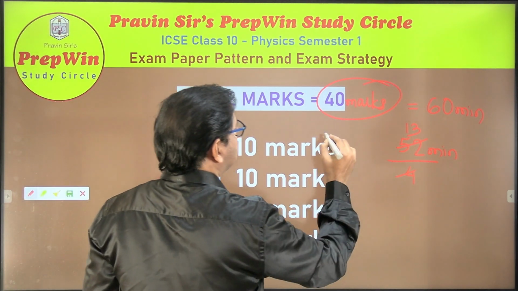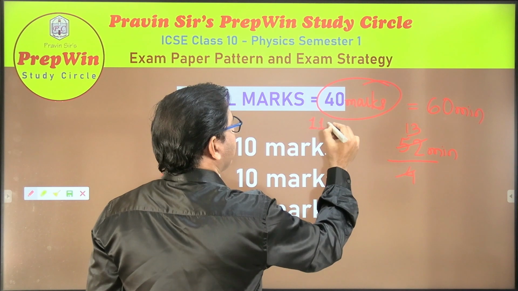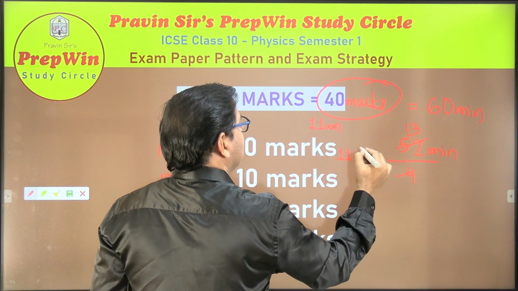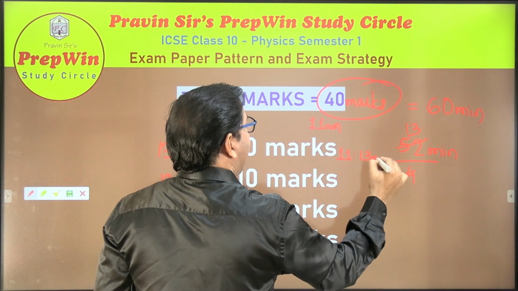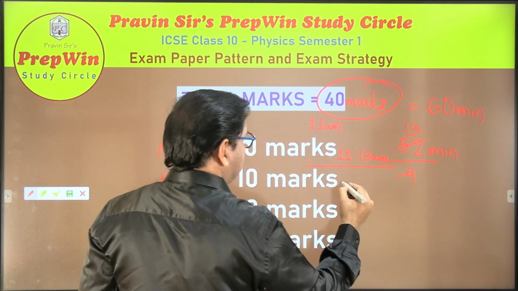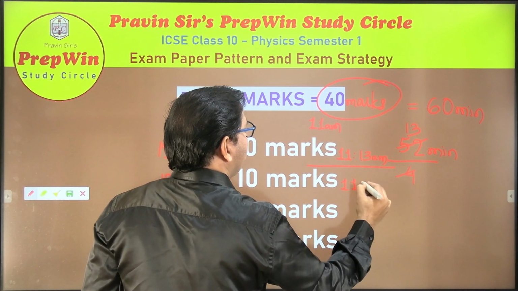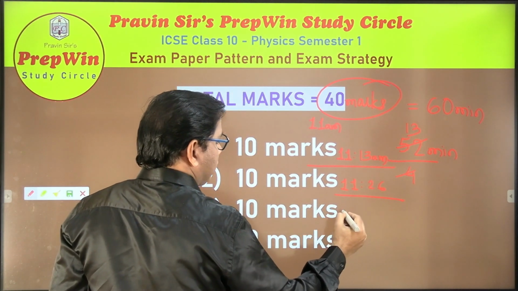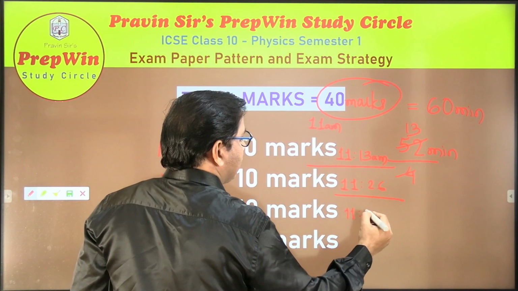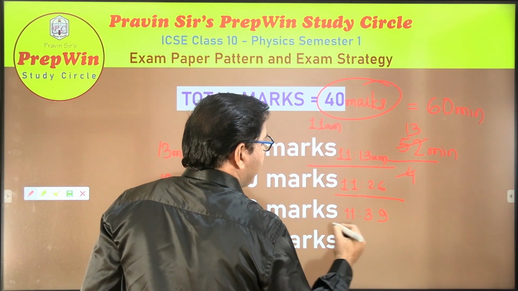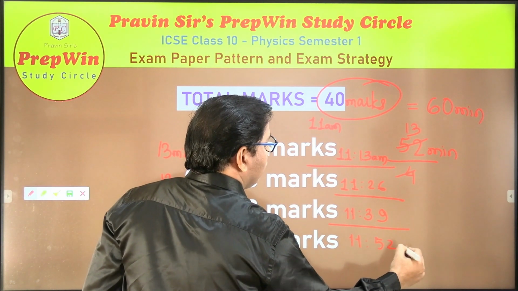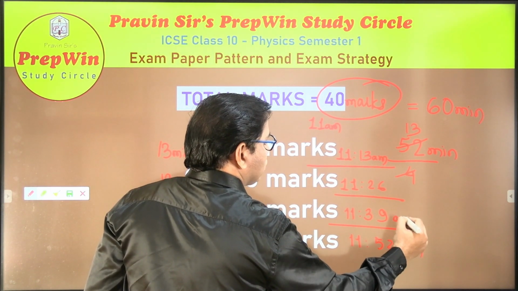Your paper will start at 11 a.m. So please make sure that by 11:13 a.m. you complete your first question, by 11:26 you complete your second question, by 11:39 you complete your third question, and by 11:52 you complete your fourth question.